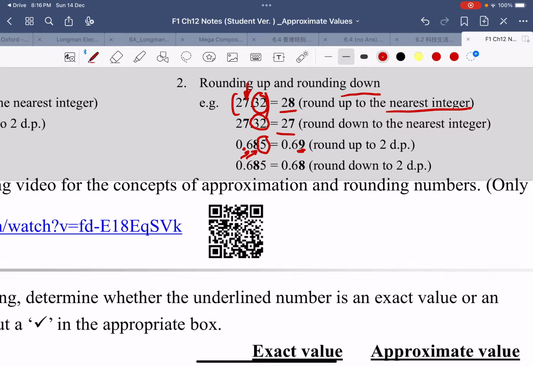On the other hand, if you want to round down these numbers to 2 decimal places, count 1, 2, and then leave the remaining digits out, and don't go up, so the 8 still becomes an 8 here. This is called round down and round up. For rounding up, you get a higher number. If you do a round down, then you just leave out all the decimal places after the 2 decimal places.